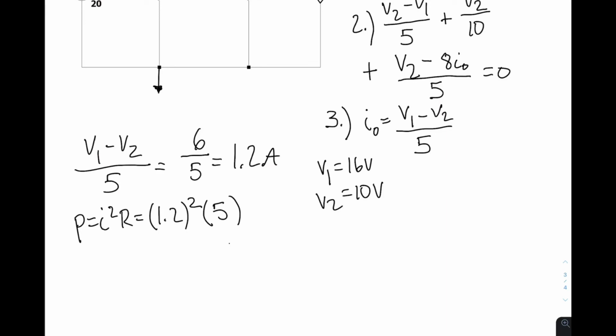And this is for the 5 ohm resistor, which is equal to 1.44 times 5, which is equal to 7.2 watts dissipated. Note the positive convention.